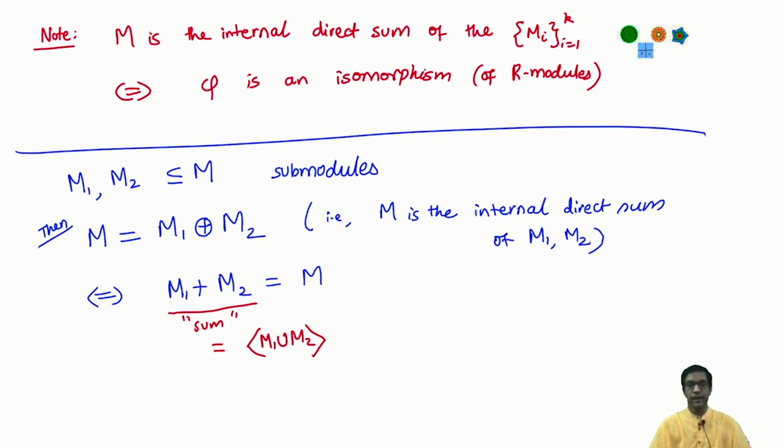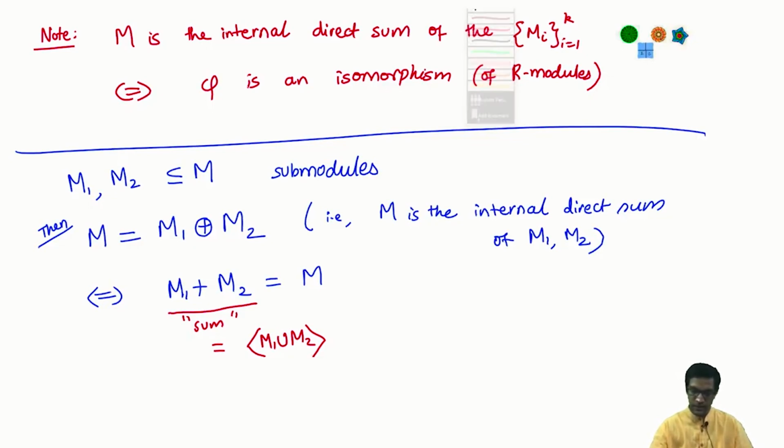And back when we talked about this construction, we also said that the elements of the sum are nothing but things of the form little m1 plus little m2, where m1 comes from capital M1 and m2 comes from capital M2. So go back and look at the video on sums of submodules. So here are two conditions.